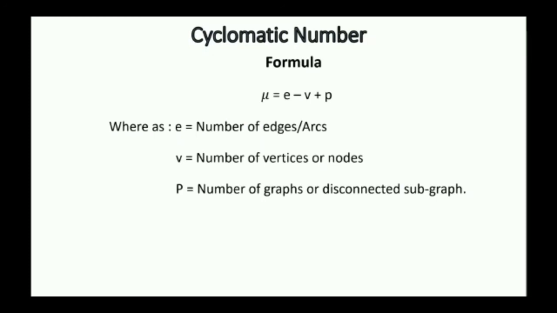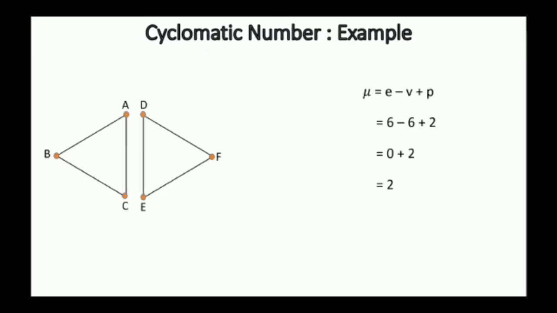Now we solve an example of the cyclomatic number. See the diagram. As we know, E shows the edges or links and V shows the vertices or points or nodes.